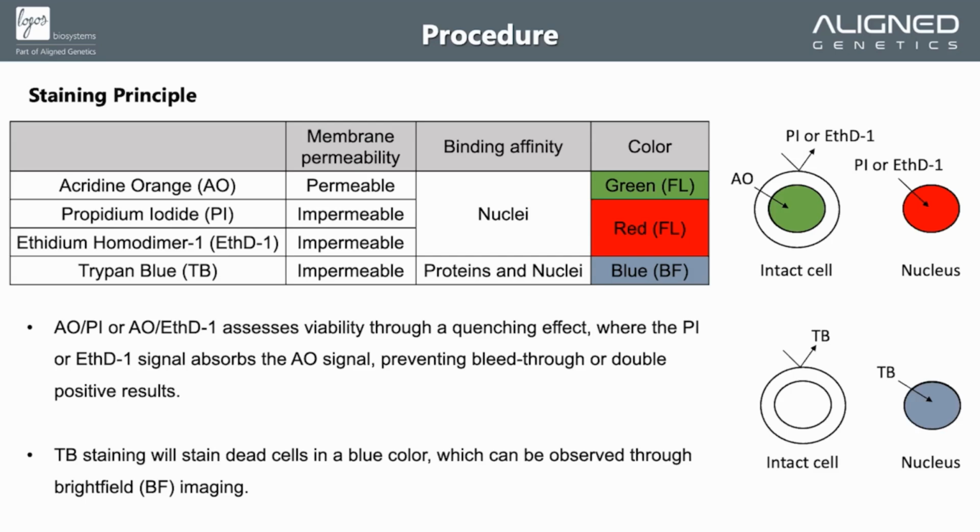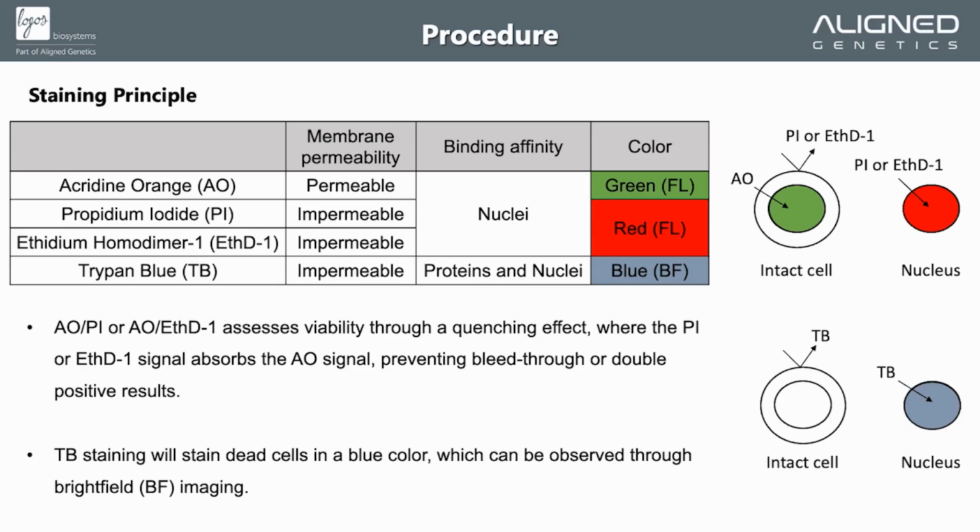A quenching effect means that the PI or ethidium homodimer signal can absorb the AO signal. This can prevent bleed-through or double positive results. Therefore, nuclei or dead cells are stained red overall if you use AOPI or AO ethidium homodimer dye combinations.